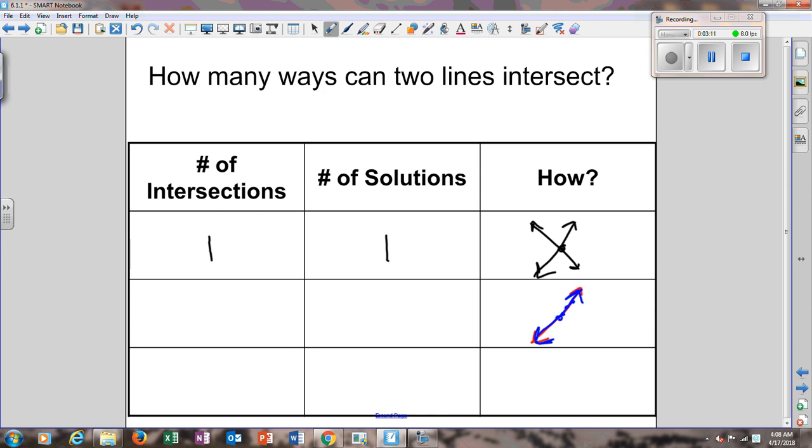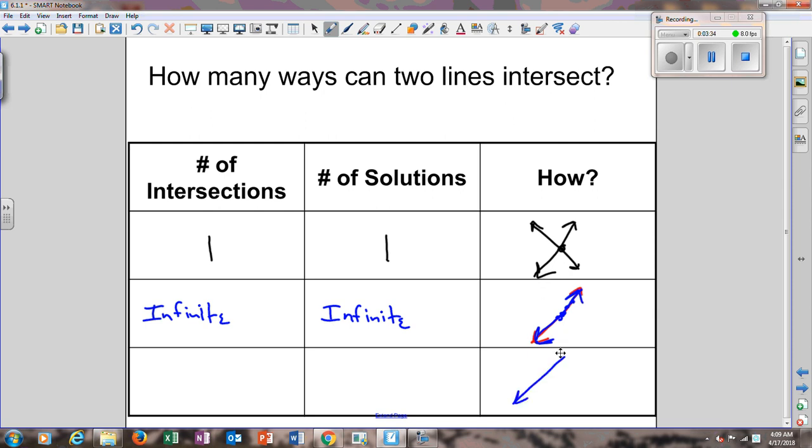Technically, we could go in between those points and then go there. And so there are an infinite number of intersections because those two lines are the same, which means there's an infinite number of solutions. So we have lines crossing, two lines that are exactly the same.